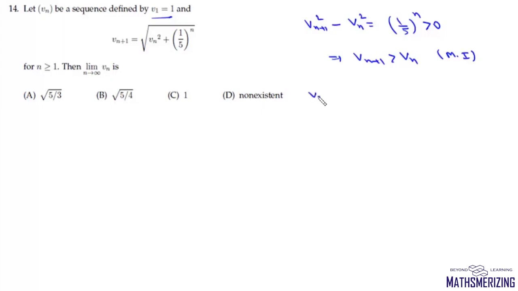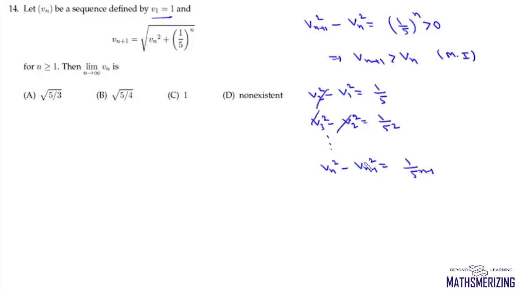Now we can write V2 square minus V1 square will be 1 by 5, V3 square minus V2 square is 1 upon 5 square, and then Vn square minus Vn minus 1 square will be 1 upon 5 to the power n minus 1.